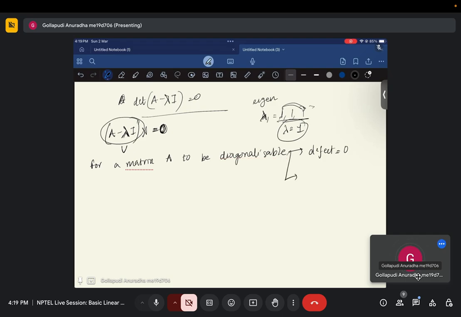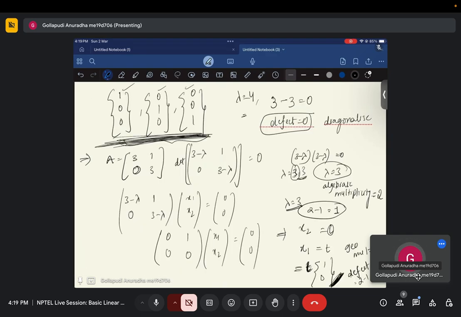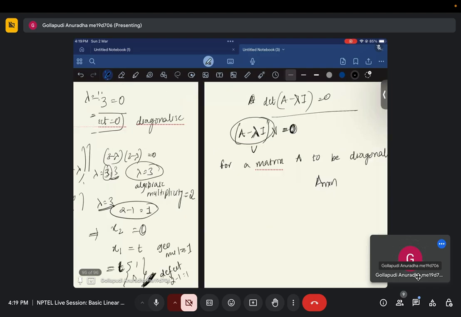And also the number of independent eigenvectors should be the size of the matrix: if A is an n by n matrix, then you must have n independent eigenvectors so that you can diagonalize it. As you see here, these are independent vectors. Is it clear so far?